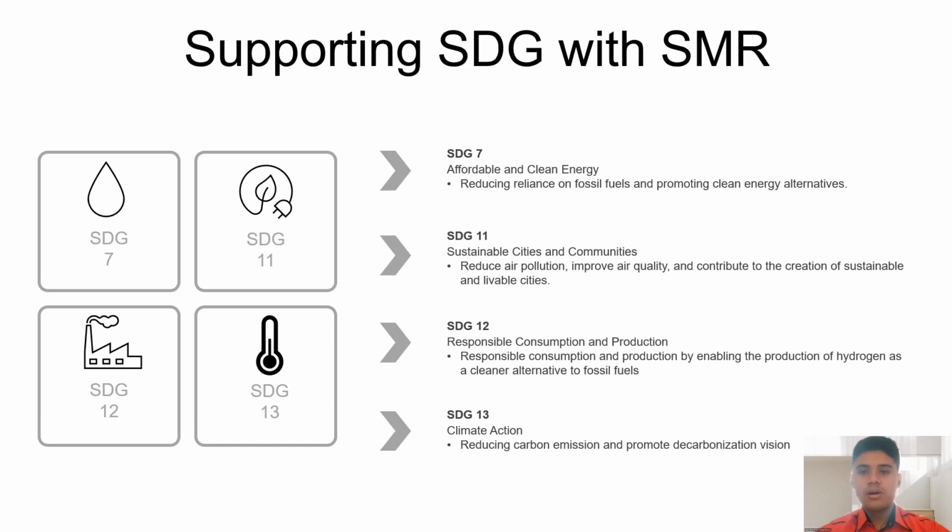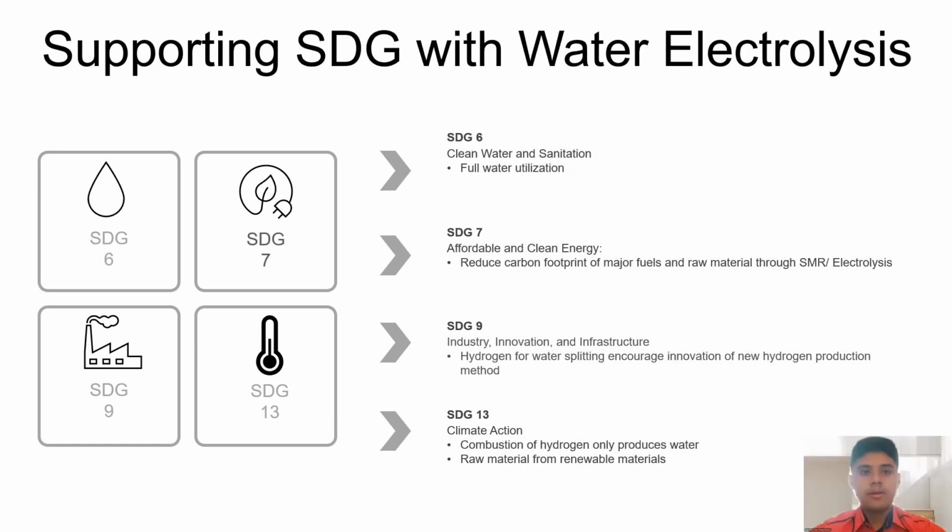The fulfillment of SDG 12 was also further achieved through the facilitation of hydrogen production as a more environmentally friendly substitute for conventional fossil fuel. The technology in question has also contributed to the advancement of climate action as outlined in Sustainable Development Goal 13.